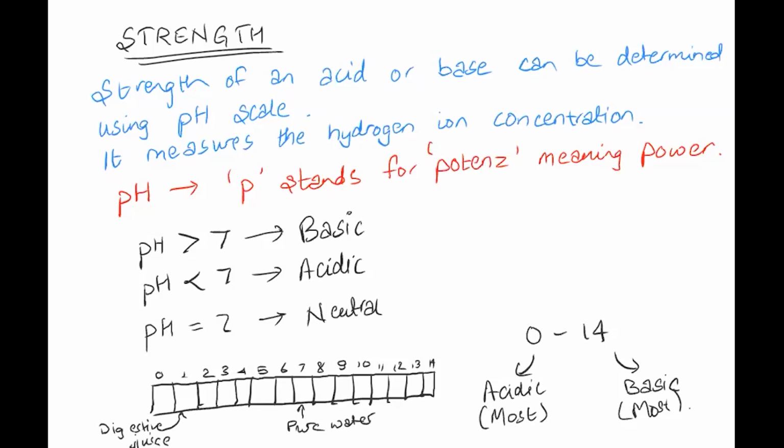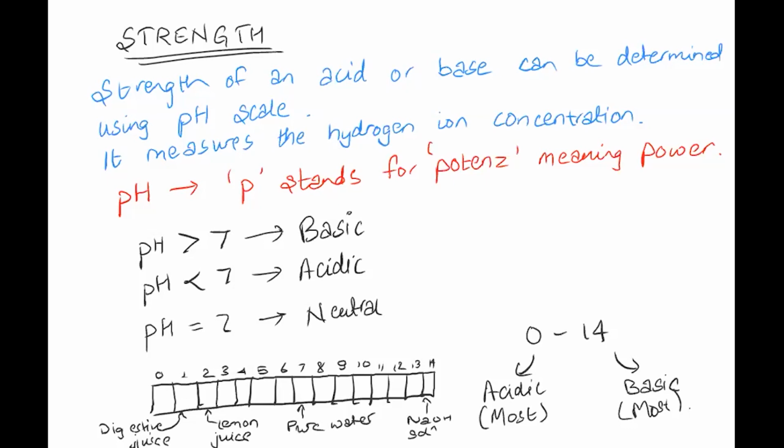The lemon juice can be about pH 2. Now moving on to basic, we know that sodium hydroxide is a strong base, so sodium hydroxide solution can be about pH 14. These are a few examples for your pH scale.